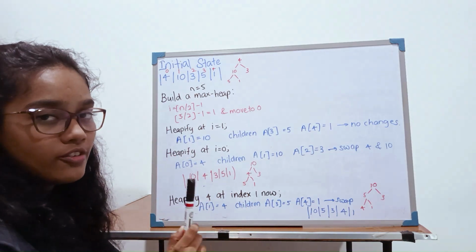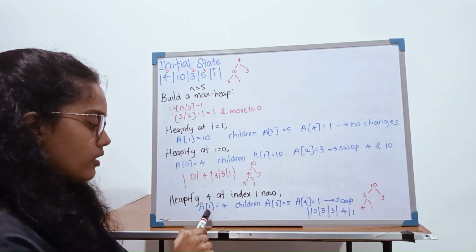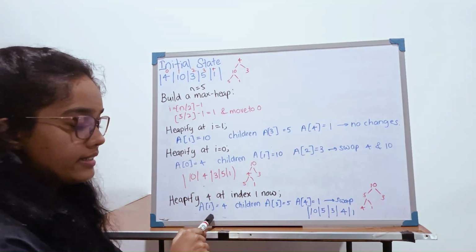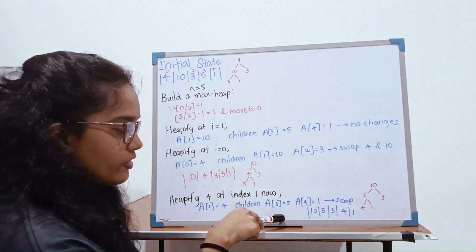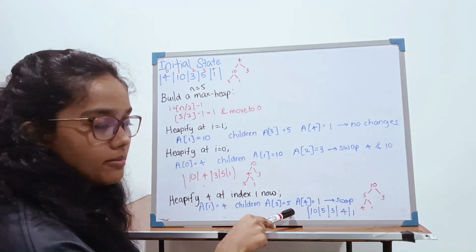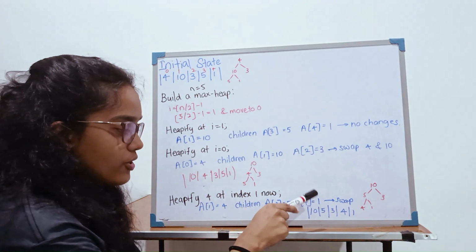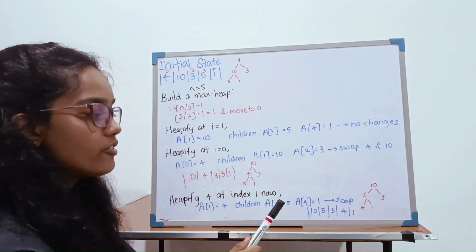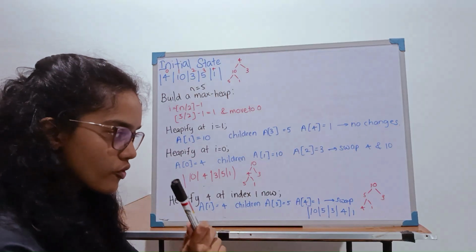Now we are heapifying 4 at index 1. The value at index 1 is 4. The children are the element at 3 and the element at 4: 5 and 1. Since 5 is greater than its parent, which is 4, we are swapping.